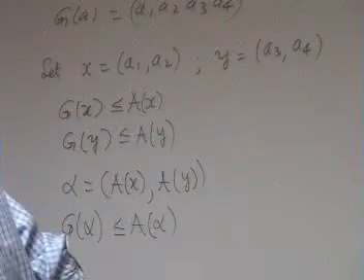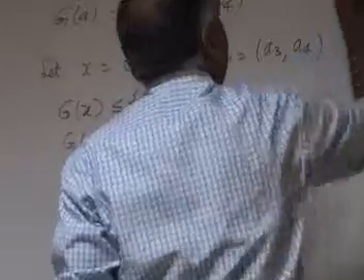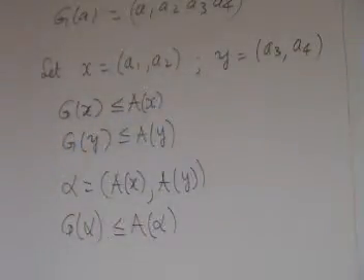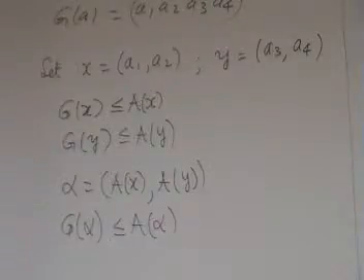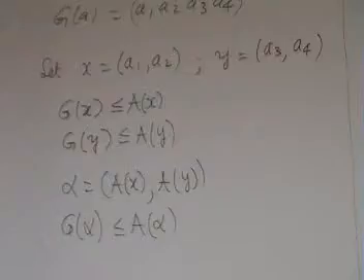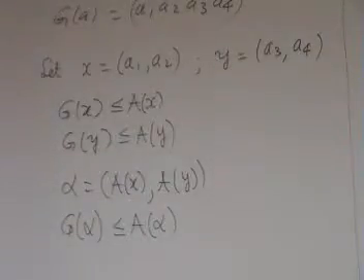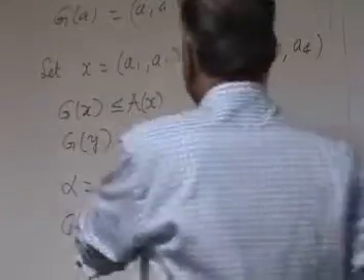Now I am going to leave some space here. I am going to write for the general case there exactly what happens. And then continue. Now first of all, what is A alpha? If you look at A alpha, it is nothing but AX plus AY by 2. This is the average of these AXs and the AYs.